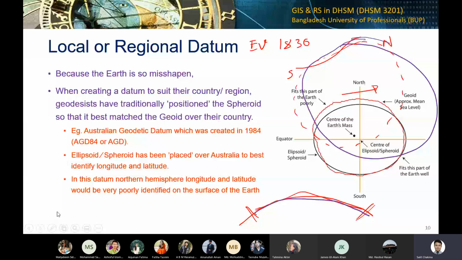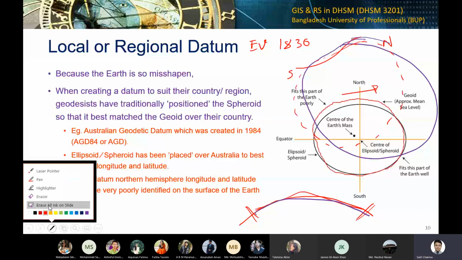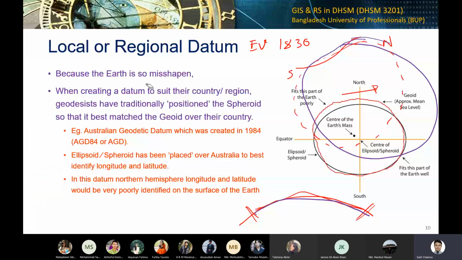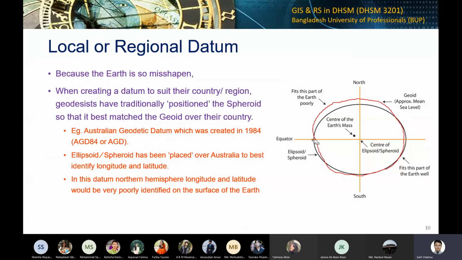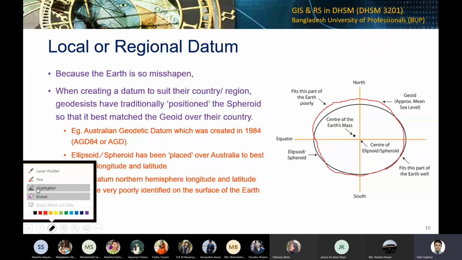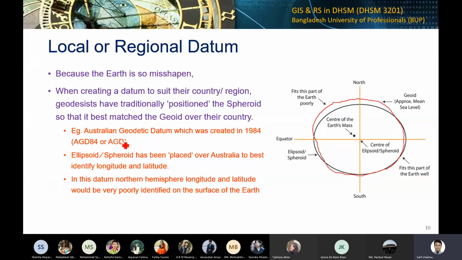Anyway, so there are many regional datum, many local datum to satisfy the needs of the respective regions. Okay, and here is the explanation. Because the Earth is so misshapen, the shape of Earth is really different, or the shape changes from place to place.